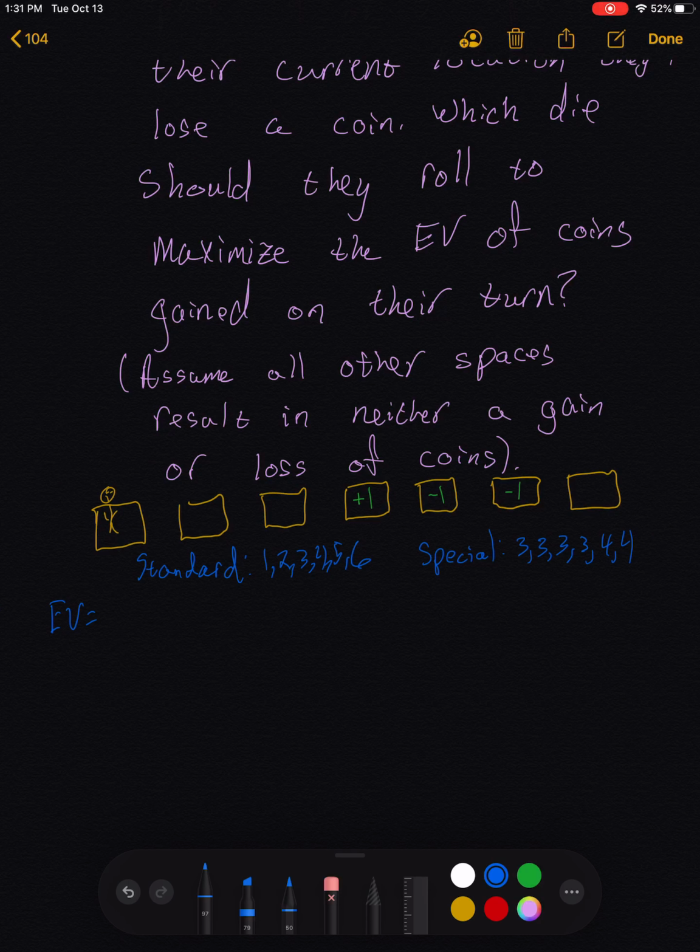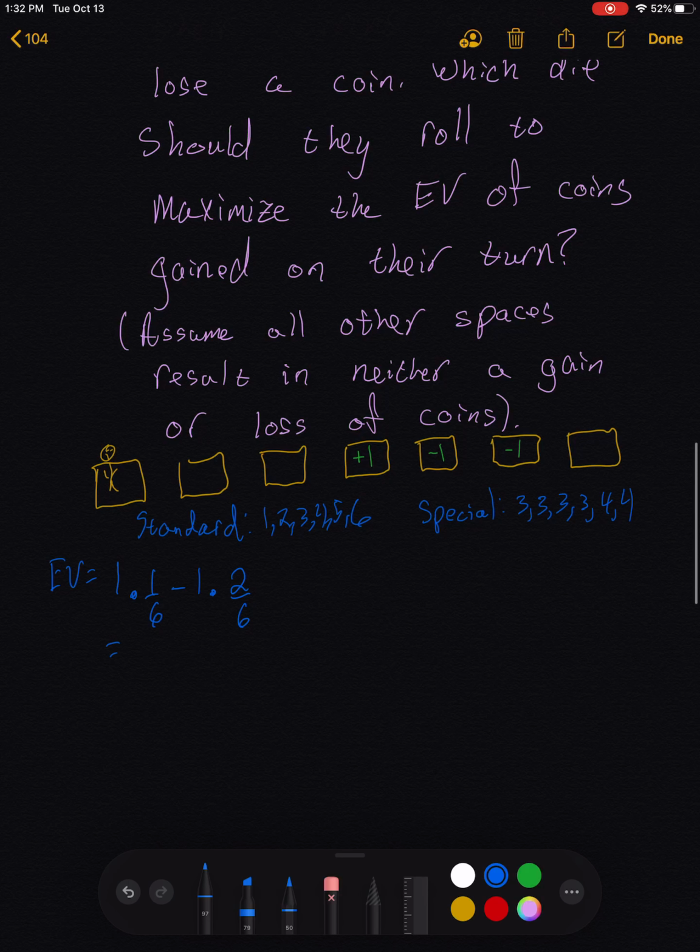So the only terms we have to consider are rolling a 3, which has a value of +1 and a probability of 1 in 6, or rolling a 4 or a 5, which has a value of -1 and a probability of 2 out of 6. So if we roll the standard die, there's 1 outcome, rolling a 3, that takes us to +1 coins, and 2 outcomes, rolling a 4 or a 5, that takes us to -2 coins. And so our expected value for the coins we'll gain or lose here is 1 over 6 minus 2 over 6, so -1/6.